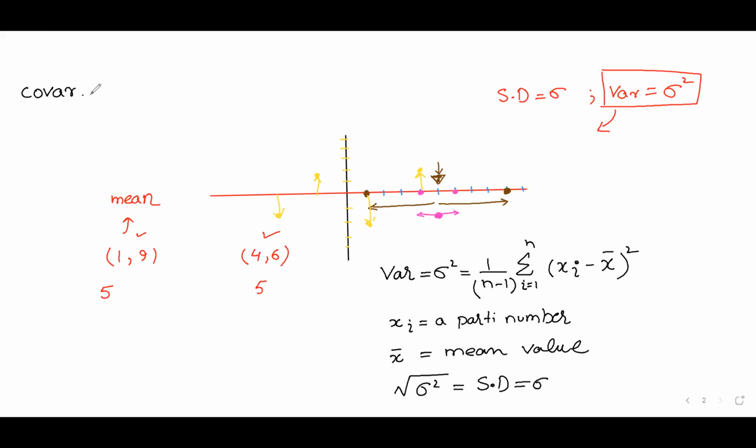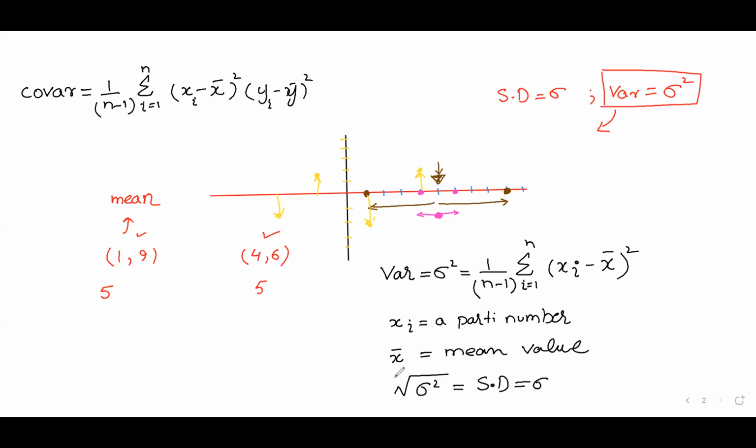Covariance will be equal to 1 over n minus 1, sigma i equals 1 to n, (xi minus x bar) times (yi minus y bar). This one will be your covariance.